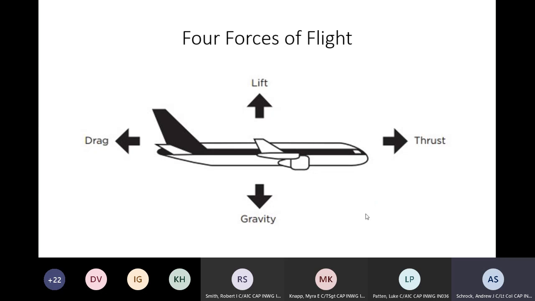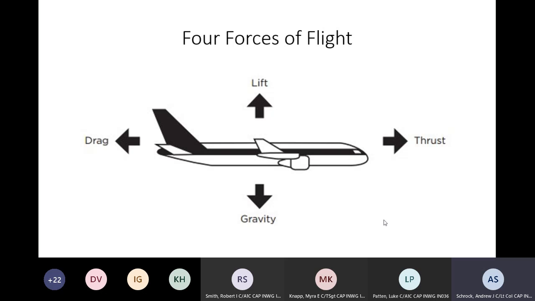Anybody know what creates thrust? I can't look at the chat right now, unfortunately. So if anybody wants to speak up and tell me what produces thrust. Anybody at all? The engines produce the power to create thrust, and your thrust counteracts your drag.